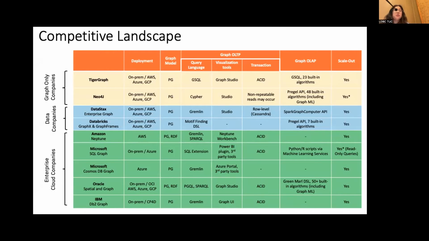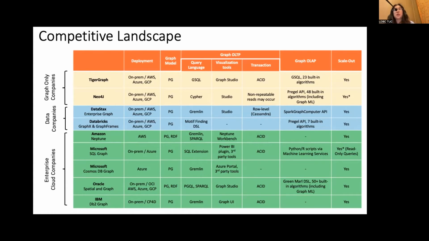In terms of graph-only vendors, the top contenders are TigerGraph and Neo4j. For major data companies with some graph support, we have DataStax and Databricks. In terms of enterprise cloud companies, the competitors are Amazon, Microsoft, Oracle, and IBM. And Microsoft actually has 2 graph offerings.